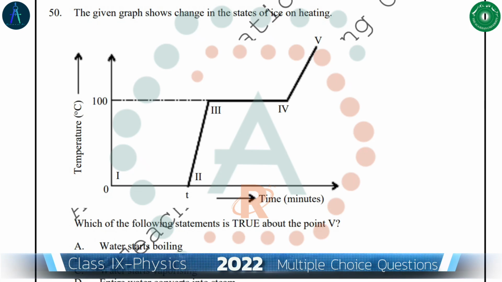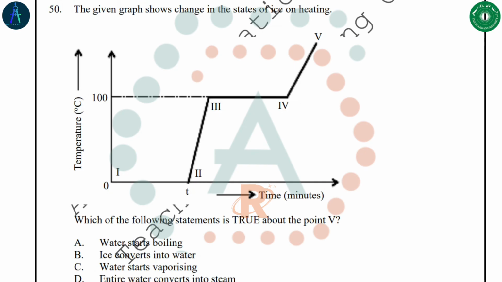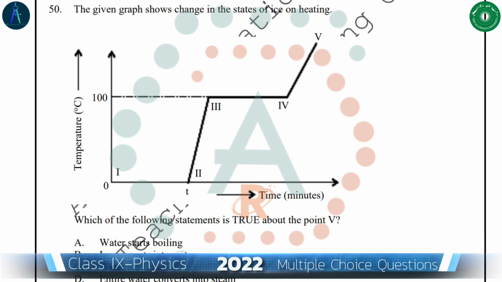Then we have the last question, question number 50. The given graph shows the change in the state of ice on heating. Which of the following statements is true about point 5? So, as we can see, the graph shows the heating of ice.